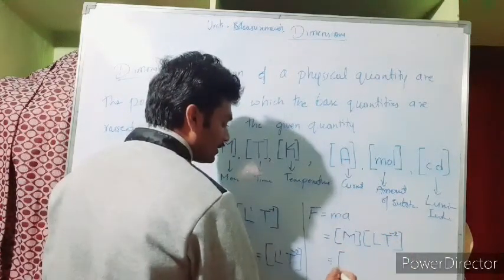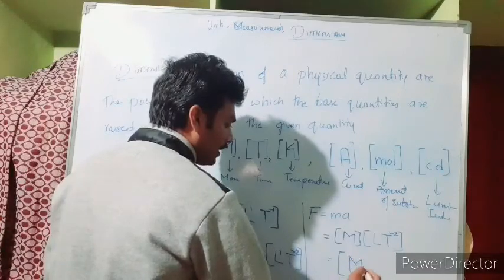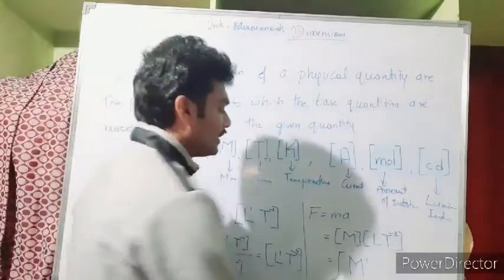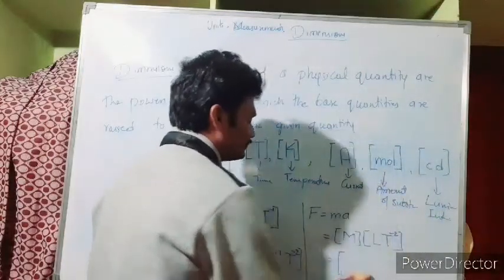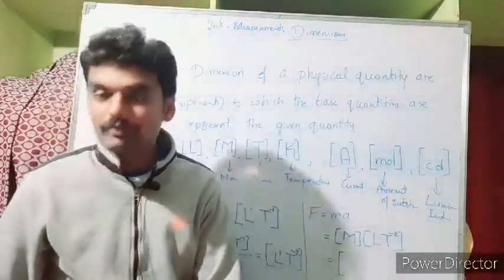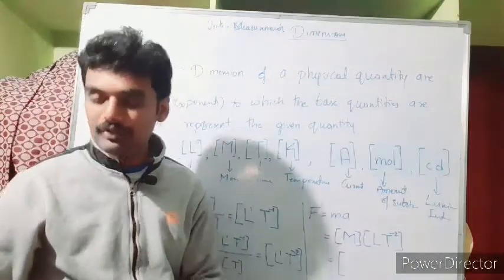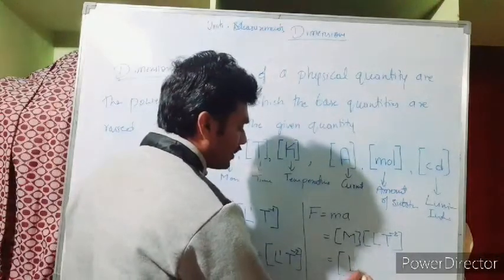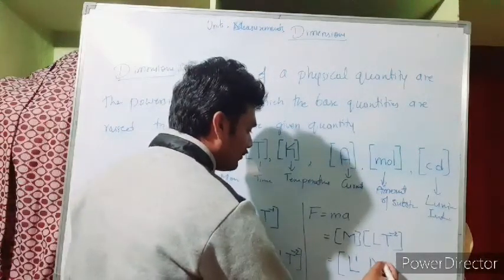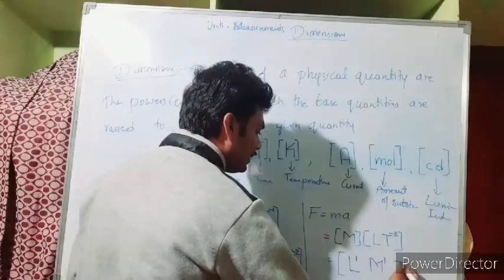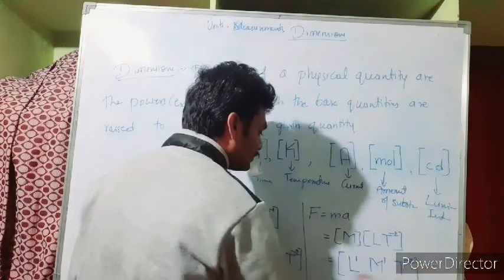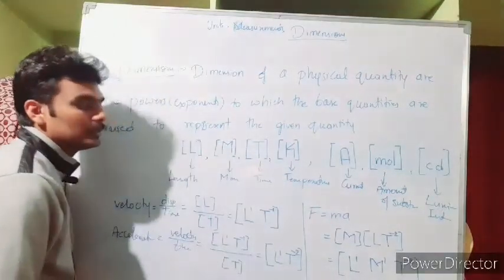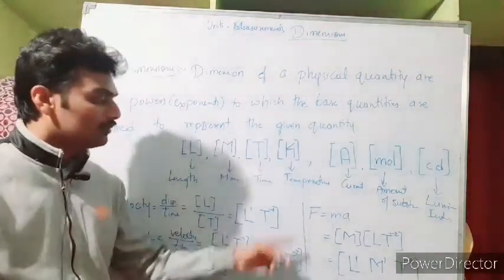Putting them together, let me write the quantity length first. That's fine. In some references you find mass first, in some references you find L first, that's not a problem. So it is L1 M1 T minus 2. So L1 M1 T minus 2 is the dimension of force.